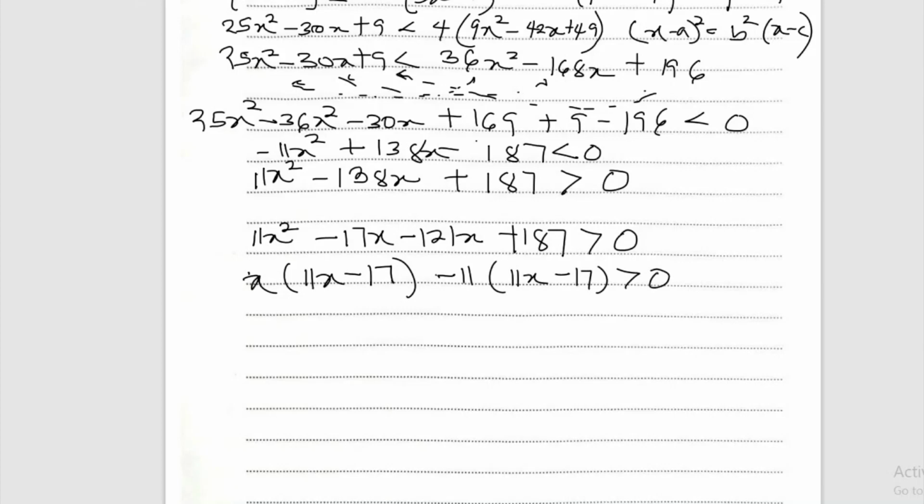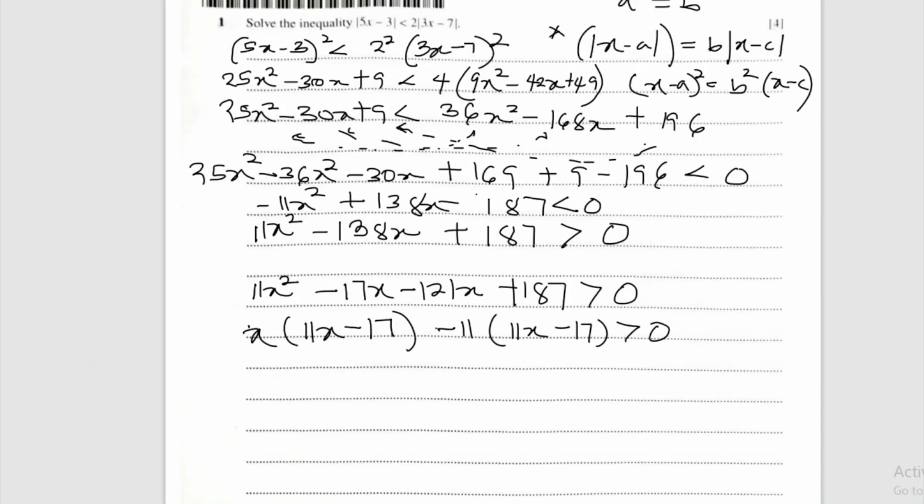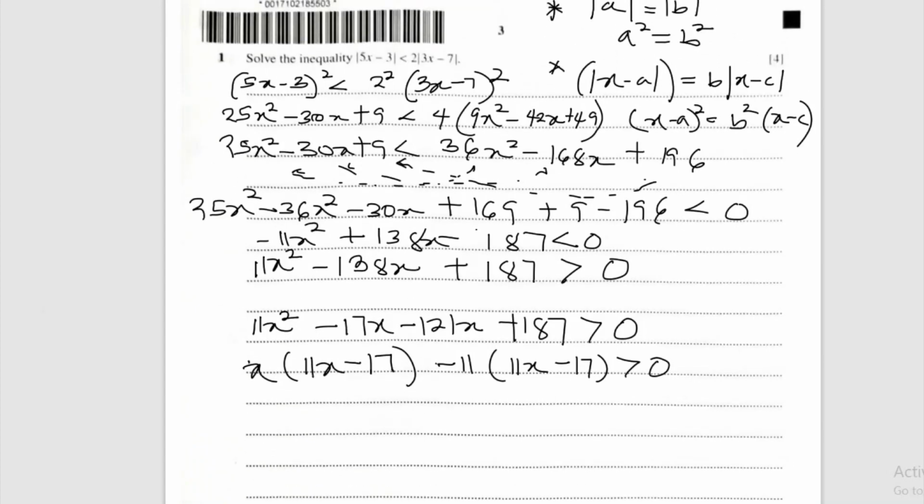Now I have a logic. There's a way I usually solve questions like this. At the end of the day we have x minus 11, 11x minus 17 greater than 0.